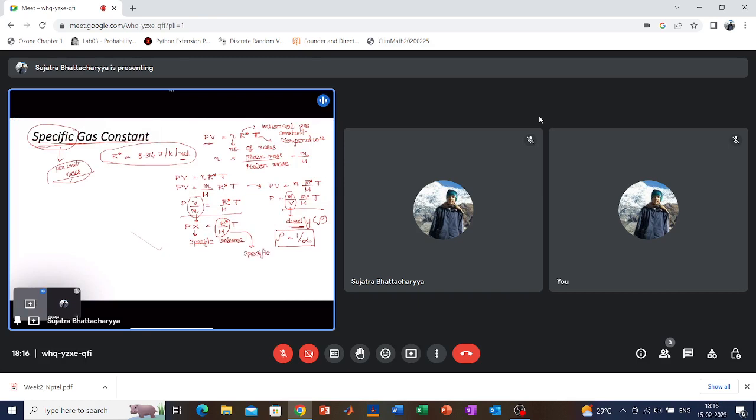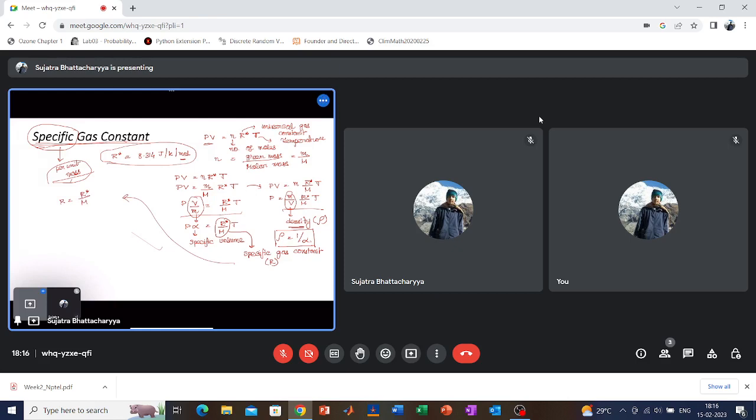This is what I was talking about, the specific gas constant, which can be represented by R. So this R is equal to R star by M, isn't it?